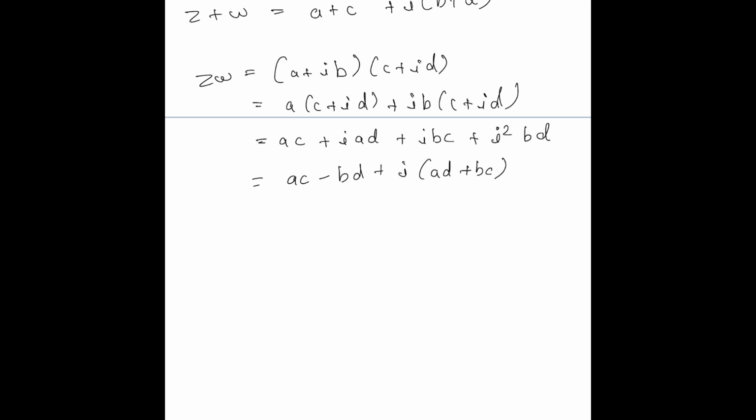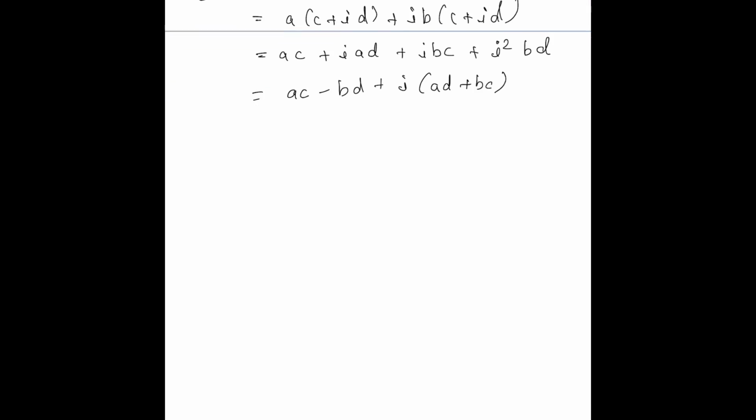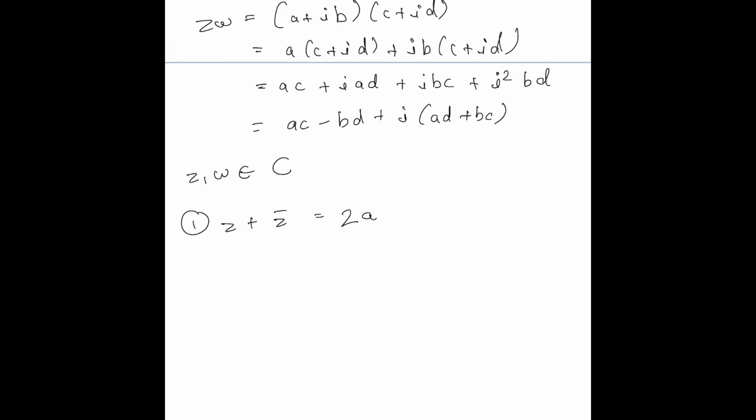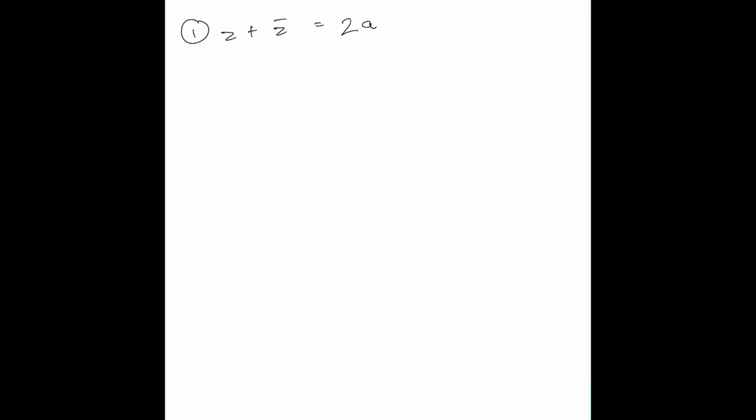Now we will go with the properties of complex numbers. Let us assume z and w are complex numbers. When we add the complex number with its conjugate, we will get 2a, twice the real part of this.